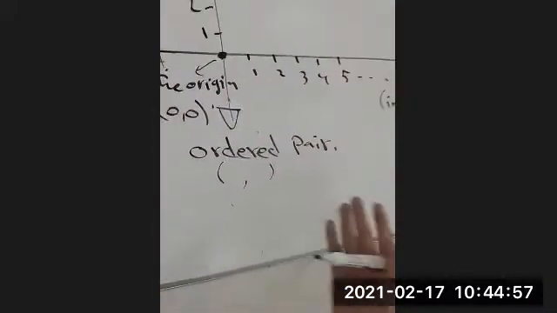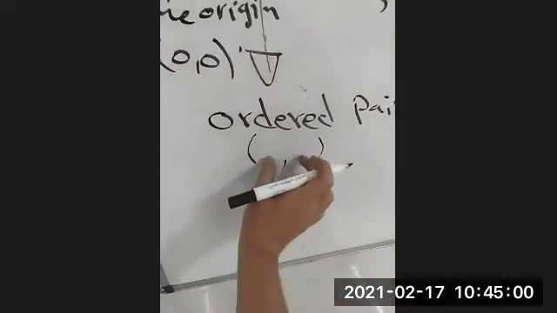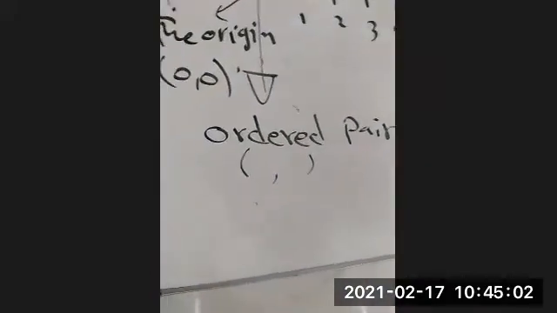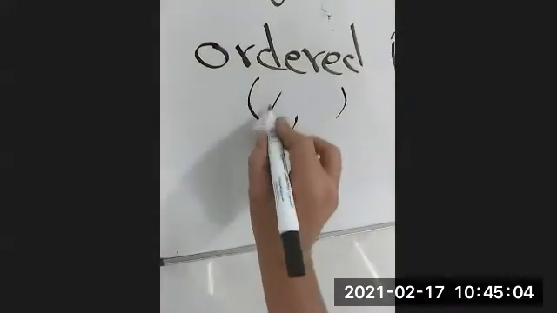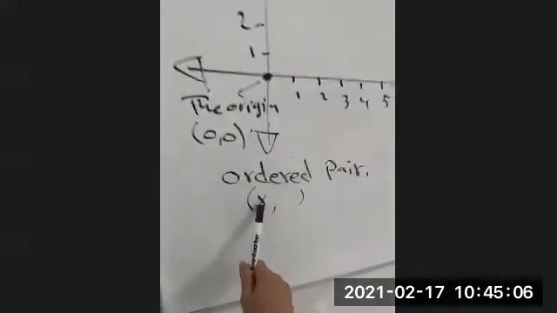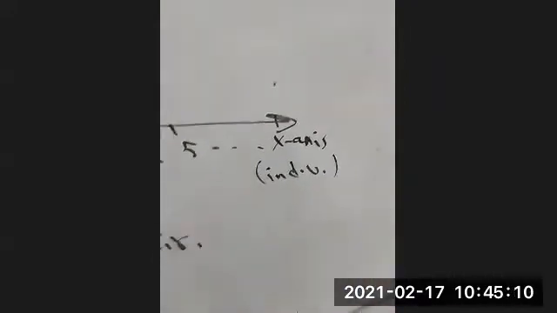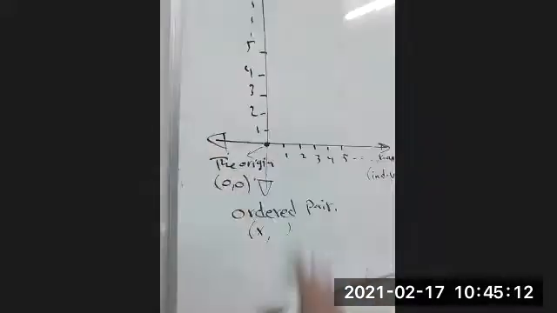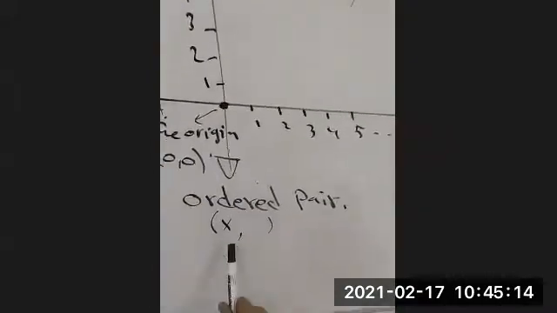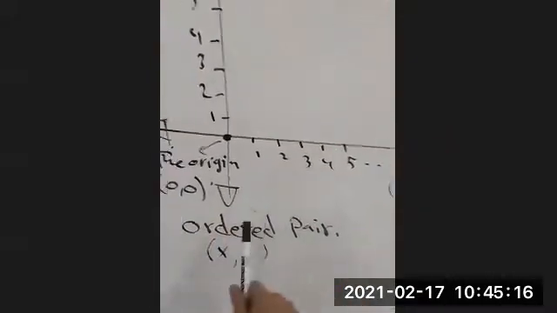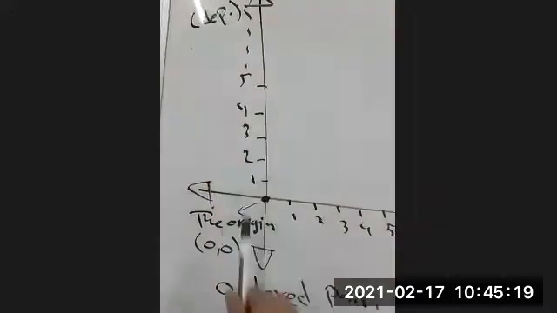Now the ordered pair always has two numbers. The first number is always for the x-axis, the horizontal one, whatever. It can be x, can be h, can be any variable. But here x and y, okay? Now the first number here is always for the x-axis, and the second number here is always for the y-axis.